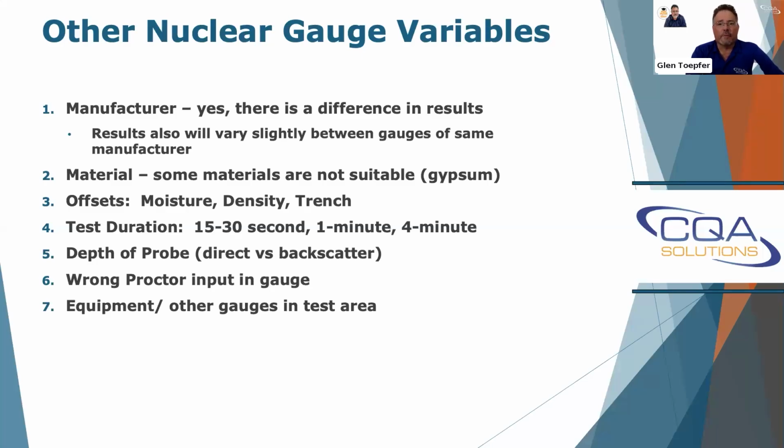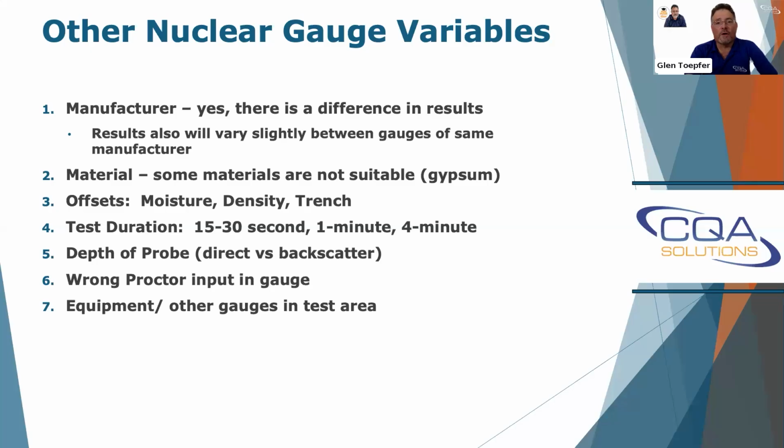Test duration, that makes an impact too. You have 15, 30-second test, 1 minute, 4 minutes. Usually the standard on job sites is 1 minute, and they're fairly accurate. Sometimes a 4 minute will give you just a slightly more accurate result. But the quicker they are, the less accurate they are. It's been my experience anyway.